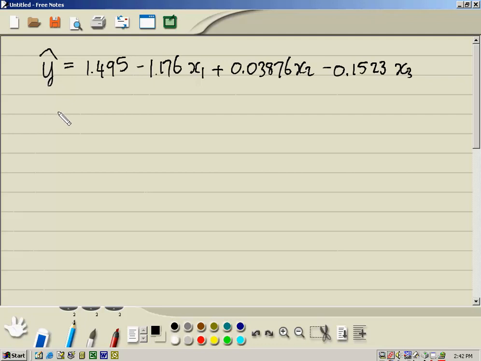Now we're going to look at the interpretation of the beta coefficients.